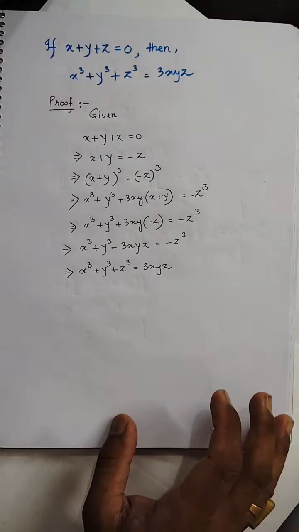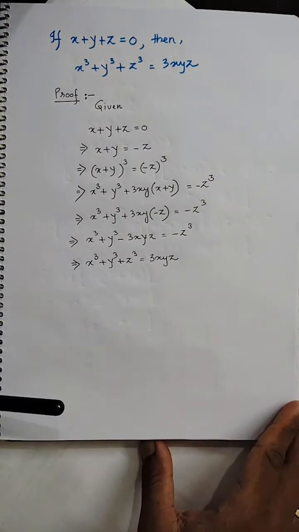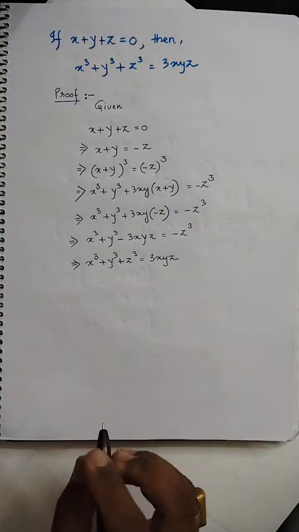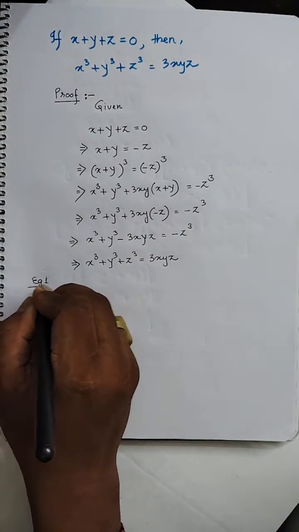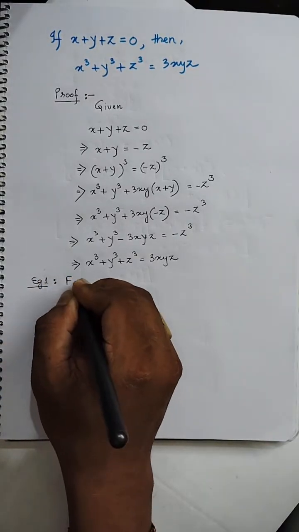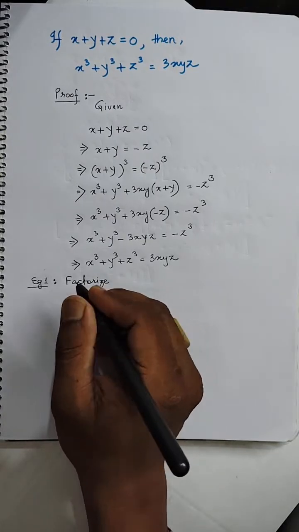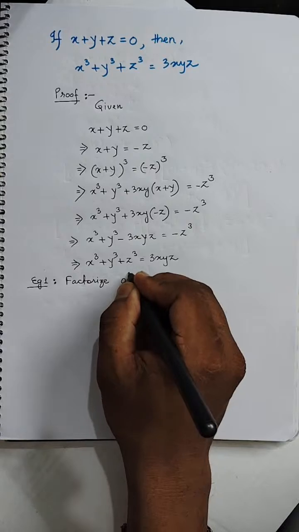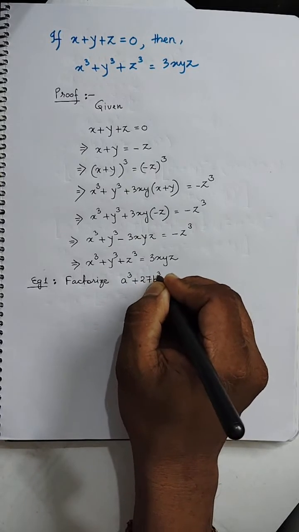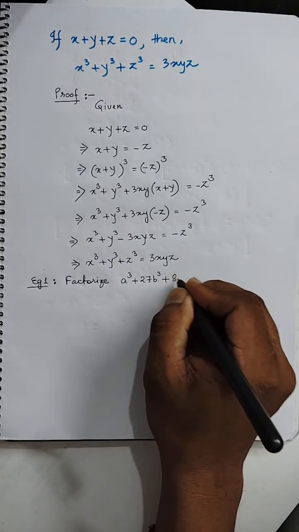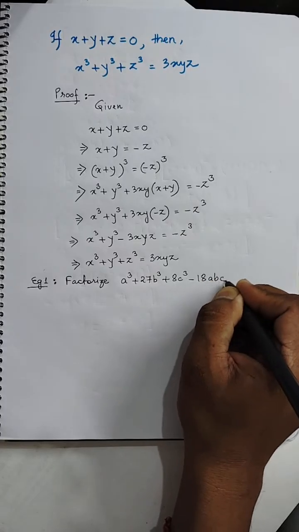Chalo, then we will do some factorization. Factorize a cube plus 27b cube plus 8c cube minus 18abc.